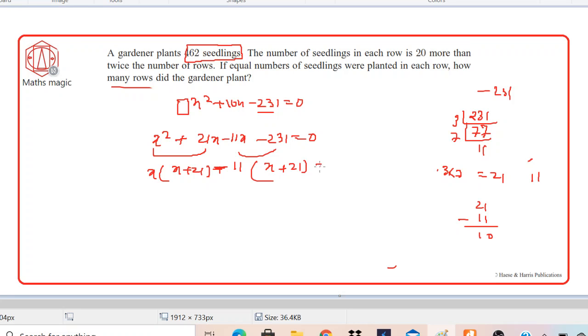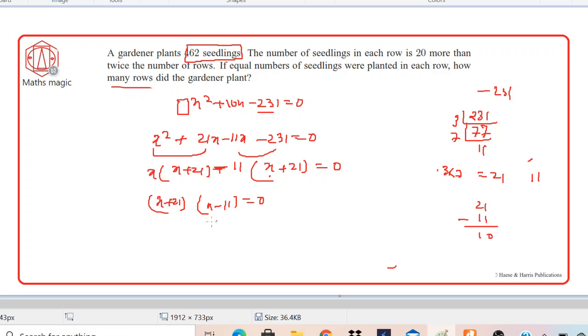So be careful, we are taking minus 11 common, so we are left with positive x here and plus 21 over here. If you multiply 11 with 21, you'll get 231. Now we can take x plus 21 common, and we are left with x minus 11 is equal to 0. So (x plus 21) times (x minus 11) is equal to 0.